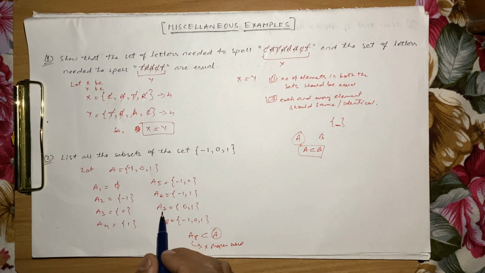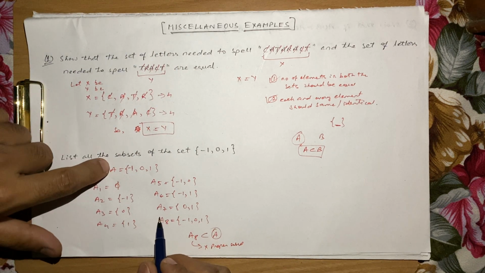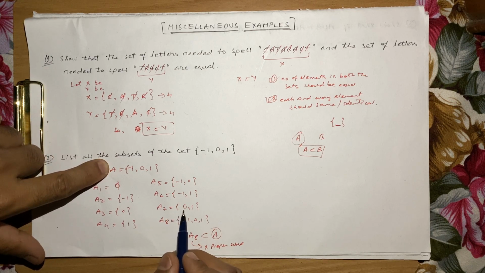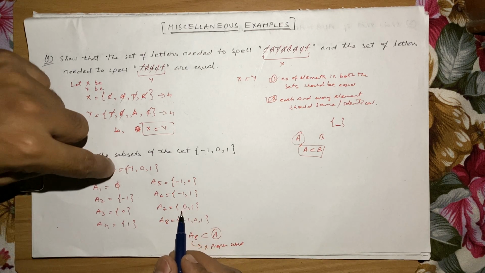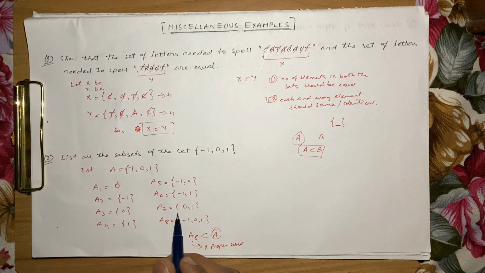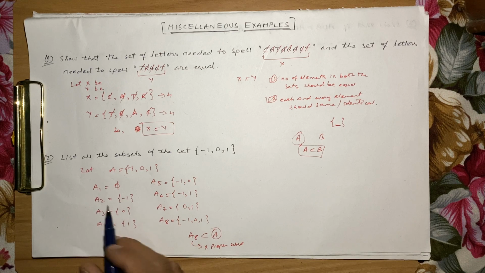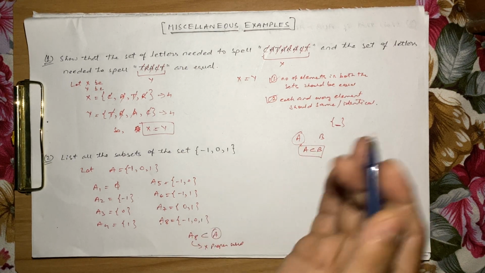Here A7 is a proper subset of the set A. Why? Because all the elements present in the set A7 are present in the set A, and the set A has something extra also. So A7, A6, A5, A4, A3, A2 are proper subsets, but this one is not a proper subset. This is just a subset. This is what I've taught you in the lecture video on subset, proper subset and superset.